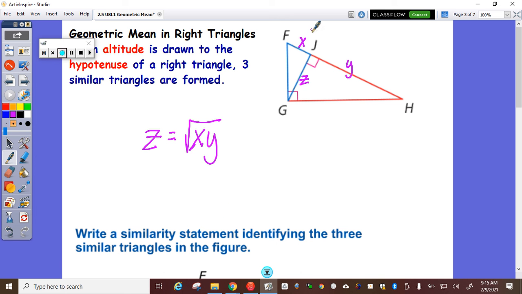So if I say this is 4 and this is 6, then z would equal the geometric mean of 4 and 6, which we already said was 2 square root of 6. Alright, so let's look at an example on this.